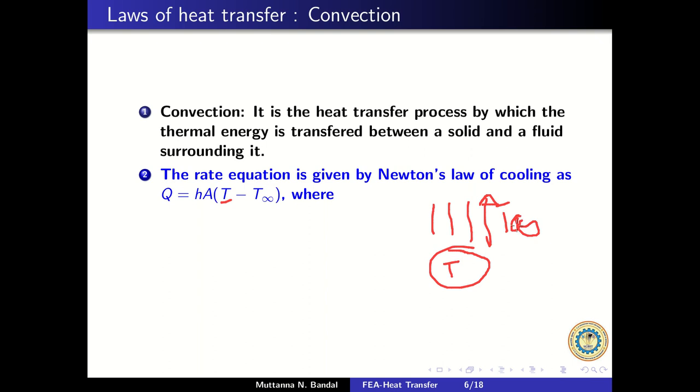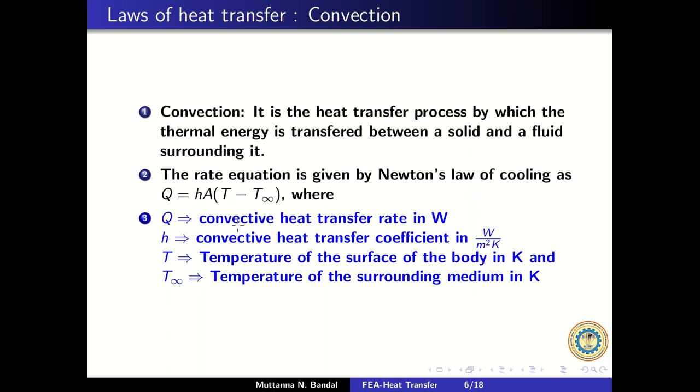It can be air or any fluid. So it can be given in this way: Q is the convective heat transfer rate, h is the convective heat transfer coefficient, T is the temperature of the surface of the body, and T∞ is the temperature of the surrounding medium in Kelvin.